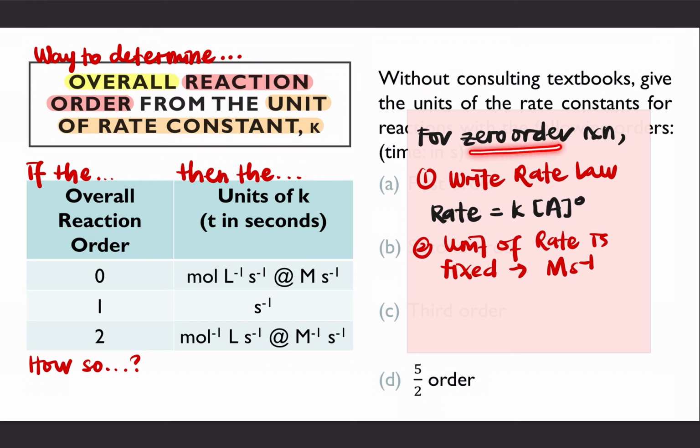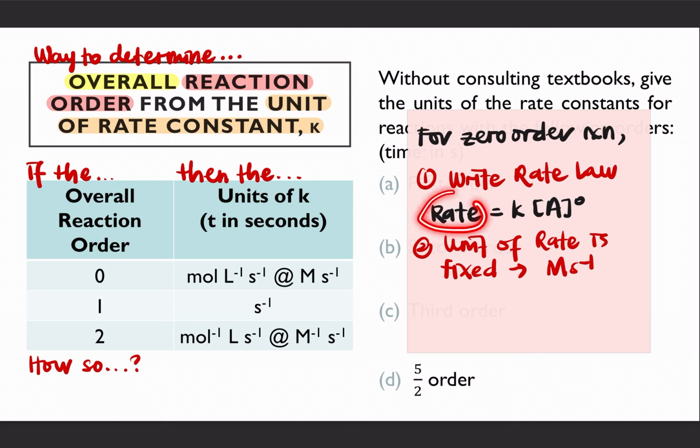So in this case, for 0 order, your rate law will look like this: rate equals K, your rate constant, times the concentration of A, your reactant, to the power of 0. This means 0 order. From there, the unit of rate is fixed. It will always be molar per second.